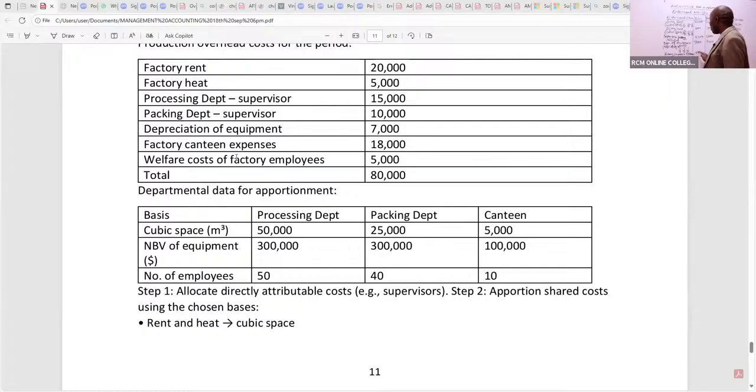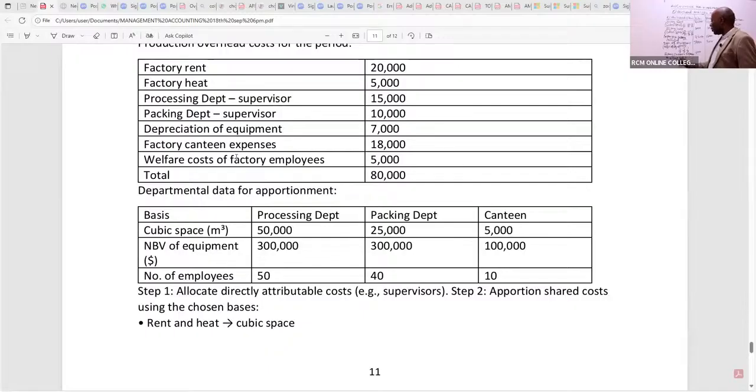And this one for sure, which criteria will I use? The more employees you have in a department, the more of these expenses it should be able to absorb. So this is number of employees, which I can see is 5:4:1.